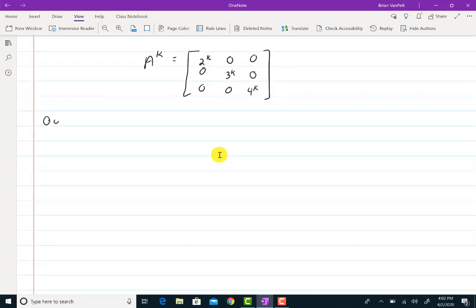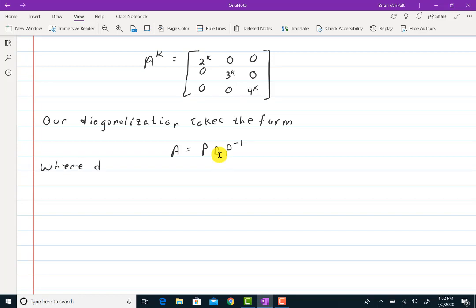Our diagonalization takes the form A equals P D P inverse, where D is a diagonal matrix.